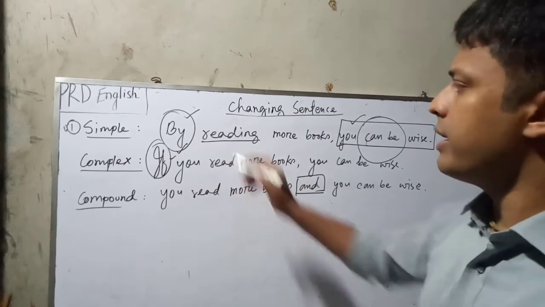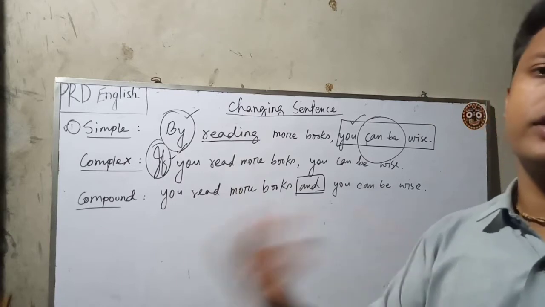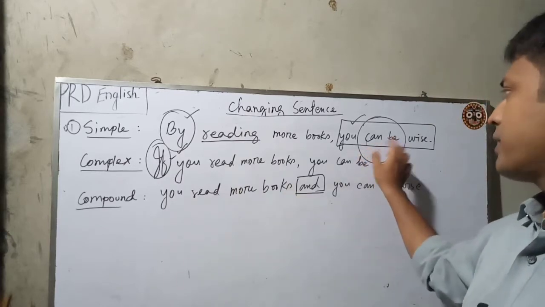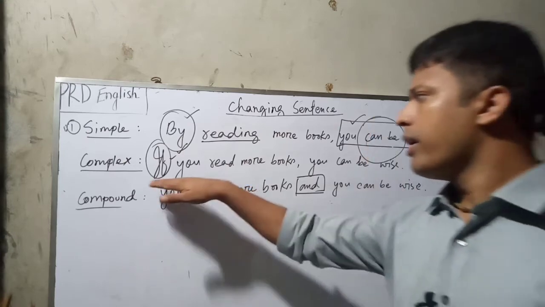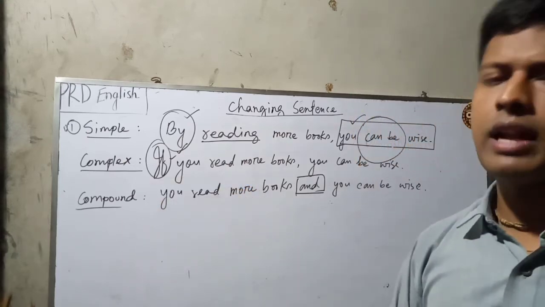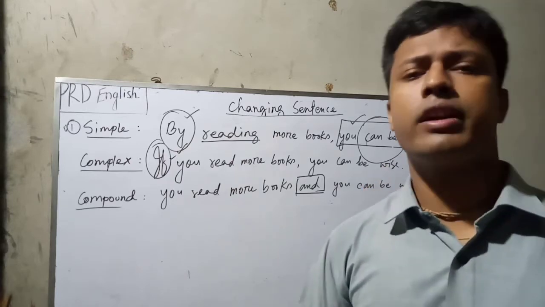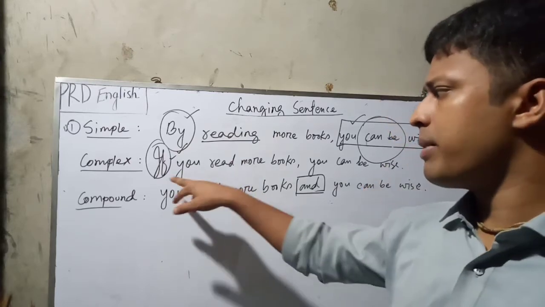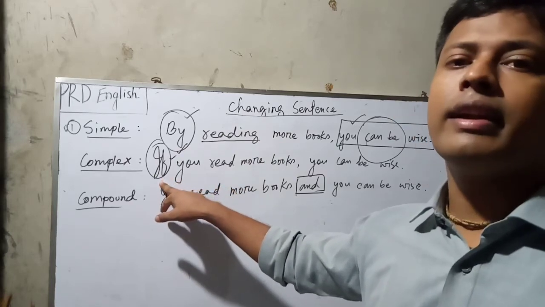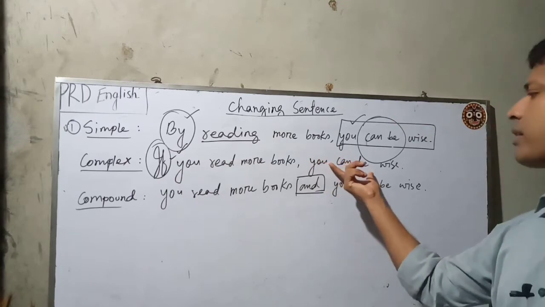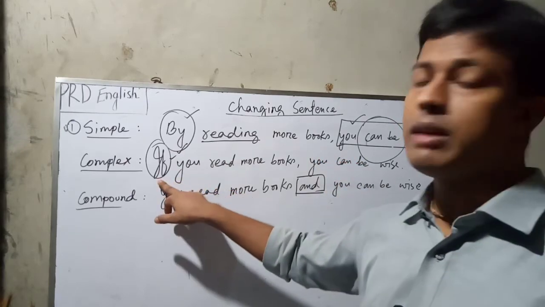Now you can see, if the sentence has by plus gerund, then it is a simple sentence, but there will be a main clause. Now if you see complex sentences, some subordinating conjunction will be there, and this subordinating conjunction sits with the dependent clause. This is the dependent clause, this is the independent clause. If is the symbol of complex.